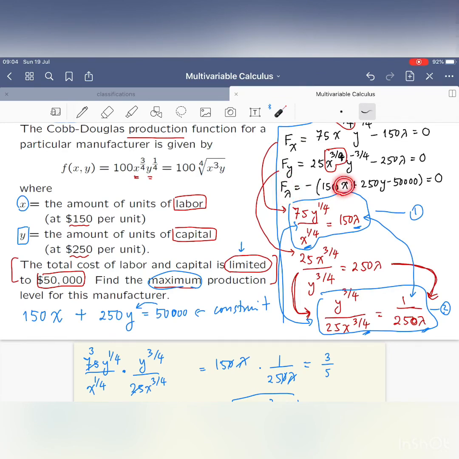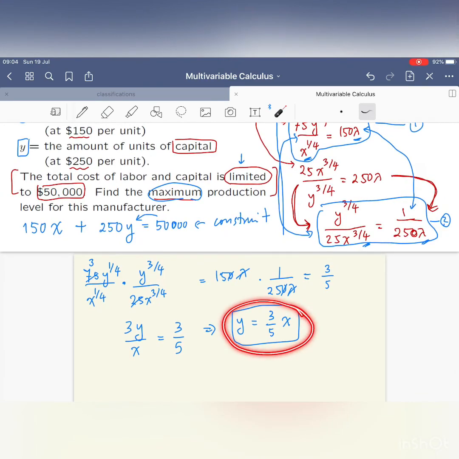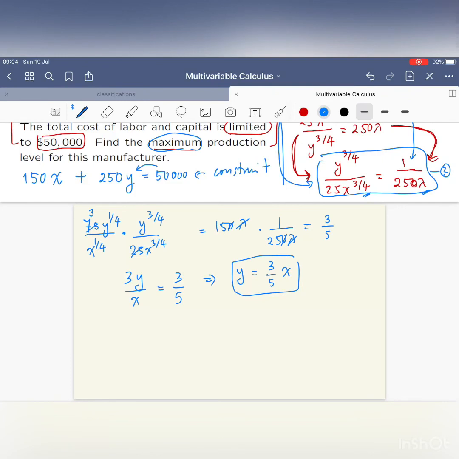So here the x and the y are there, and you can rewrite your y in terms of x. So you just plug into your f sub lambda. Let me recall it here. F sub lambda is negative of 150x, 250y, minus 50,000, equals 0. So you just plug in here.